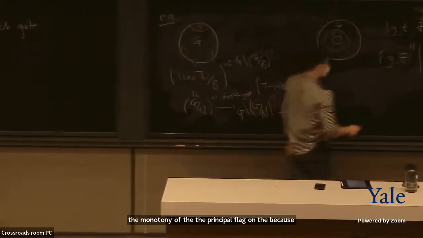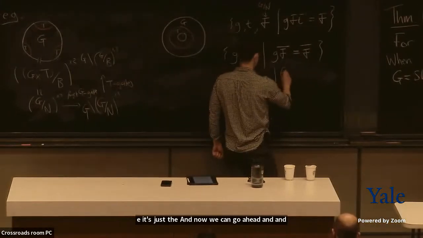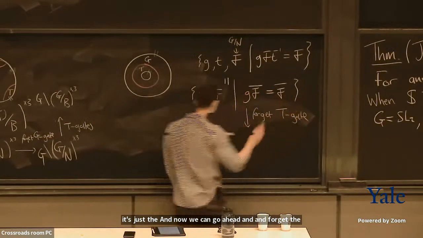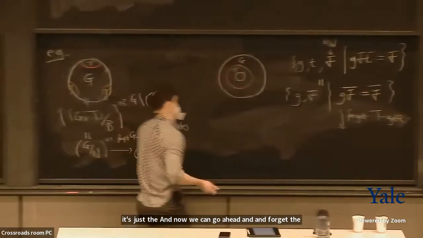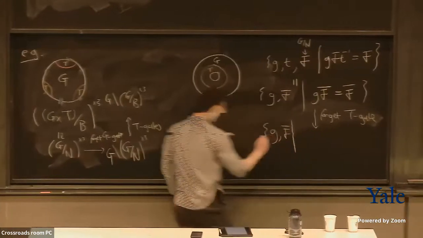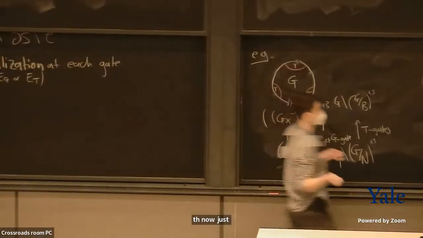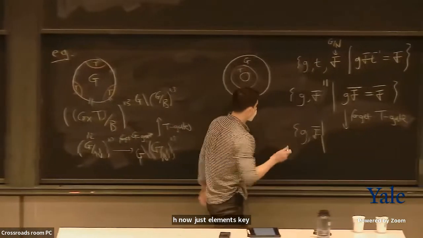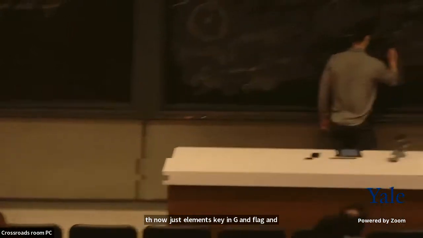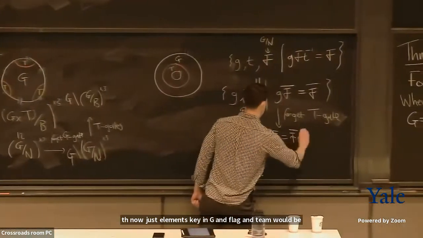And now we can go ahead and forget the T gate. Forgetting the T gate identifies this with now just elements G in G and a flag in G mod B such that G preserves that flag.